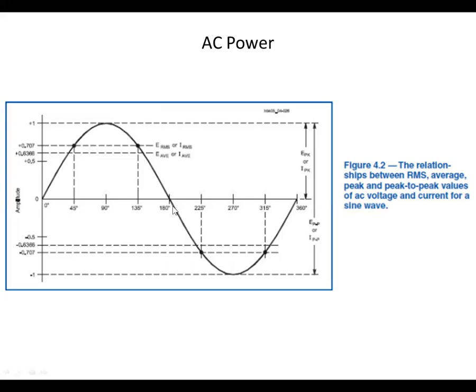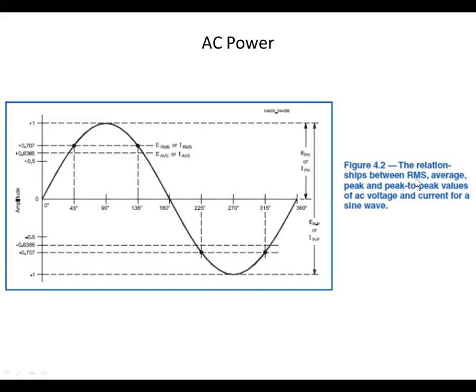Now, there are several ways of measuring power on a sine wave like this. This could also be a sine wave for an RF signal, where the frequency would be much higher. But you have several ways of measuring power.